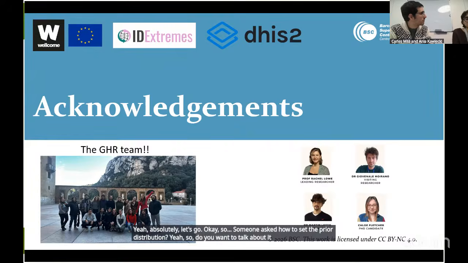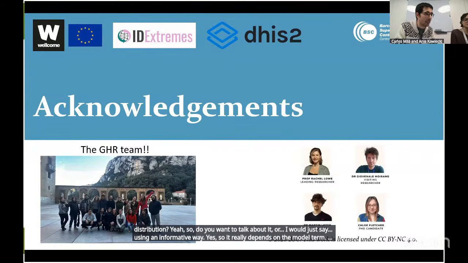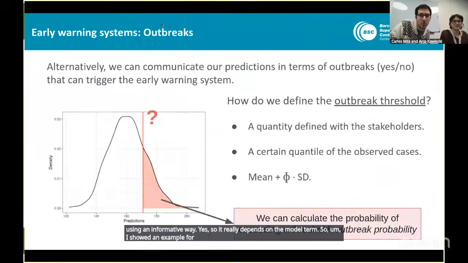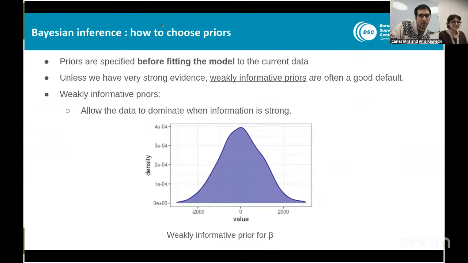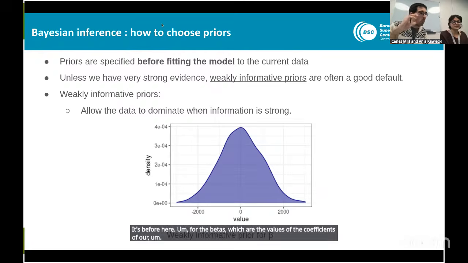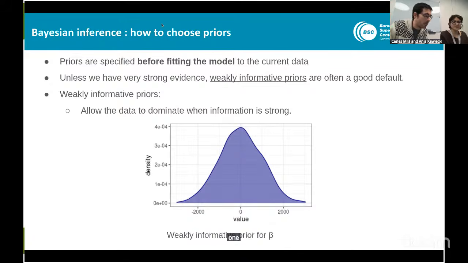I would just say use an uninformative prior. Yes, so it really depends on the model term. I showed an example for the betas before; we can go back to the presentation. For the betas, which are the values of the coefficients of our climate covariates, one way you can go, and usually it's a default, is to set what we call weakly informative priors, which are centered at 0.